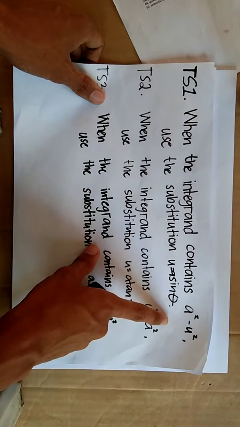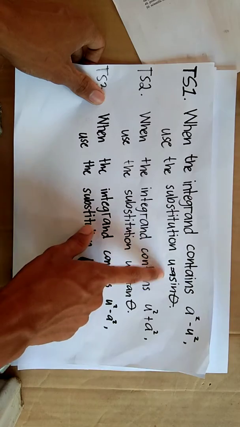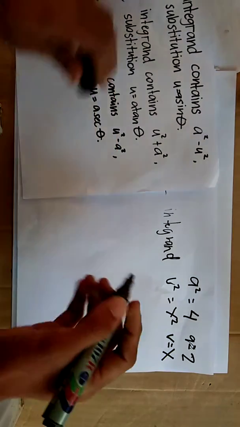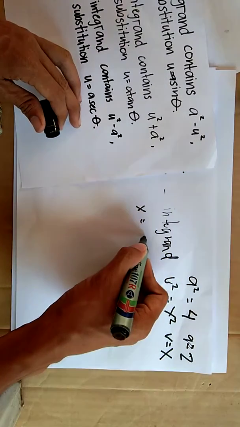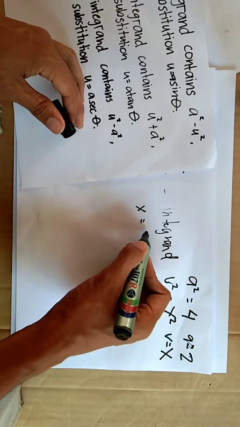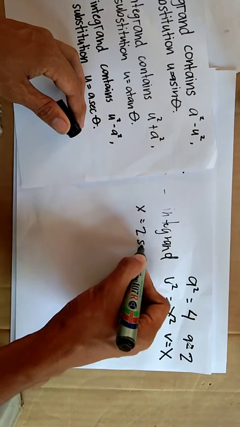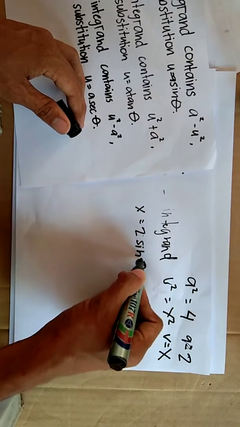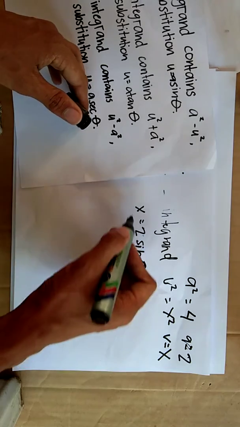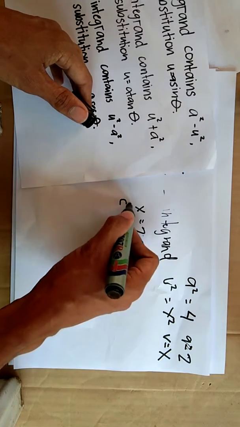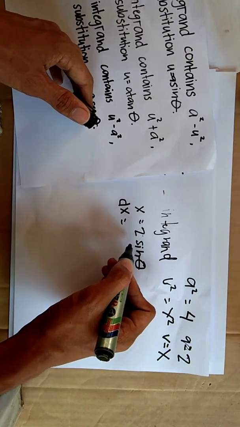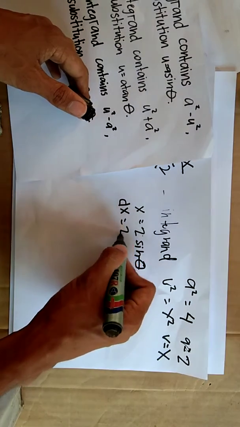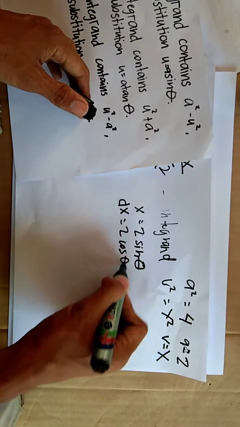So now we will use the substitution u equals a sine theta. Our u is x and our a is 2, so x equals 2 sine theta. And we will get its derivative. The derivative of 2 sine theta is 2 cosine theta d theta.